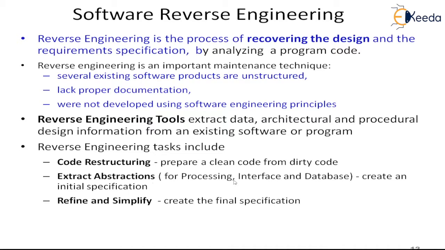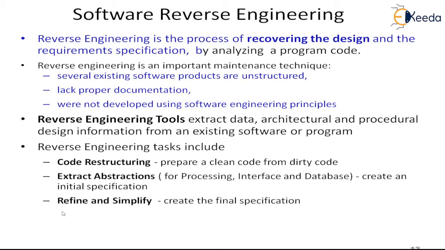What we are now trying to do is extract those abstractions which will give us information about the processing, about interfaces, and about the database or the data structures. This we will have to extract from the clean code. And the output of the extract abstraction phase will be an initial design or initial specification.